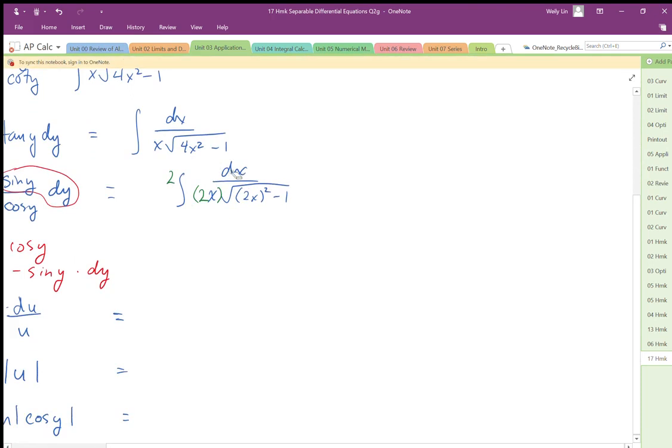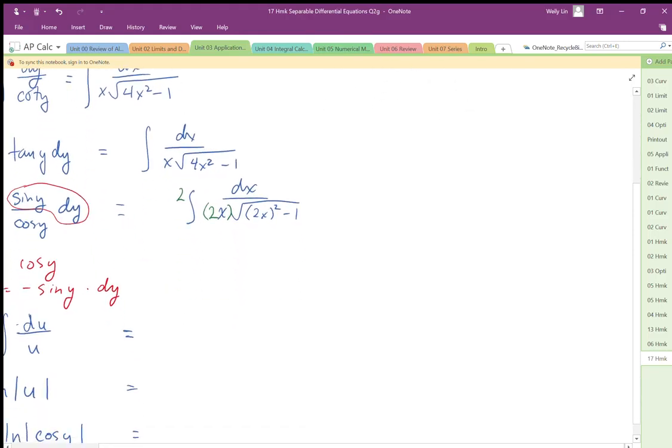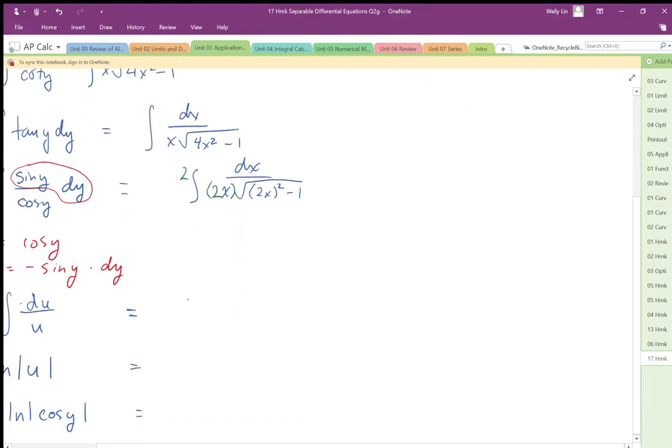I know the antiderivative using this definition is going to be the inverse cosecant. So it's going to look like this. I'm going to put my 2 on the outside here. That's going to become the inverse cosecant, and my input is 2x, and I have to account for that by dividing by 2 because of the chain rule.